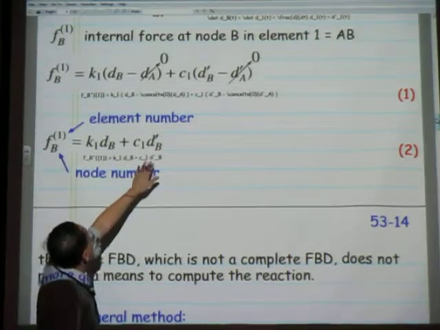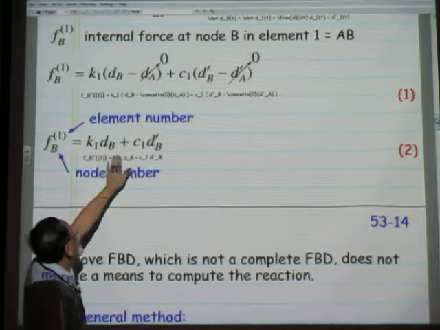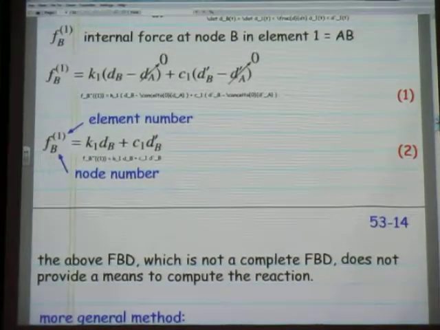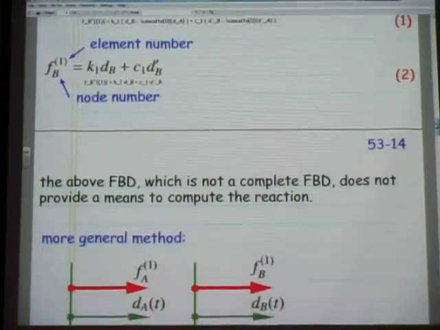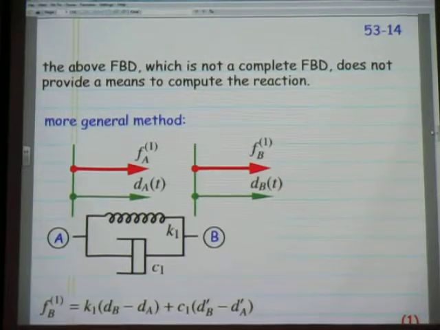Then you obtain this shorter expression here, which came from there, where you have only K1 dB and C1 dB. And remember, dB prime means velocity at B. All right, so that's the first free body diagram.